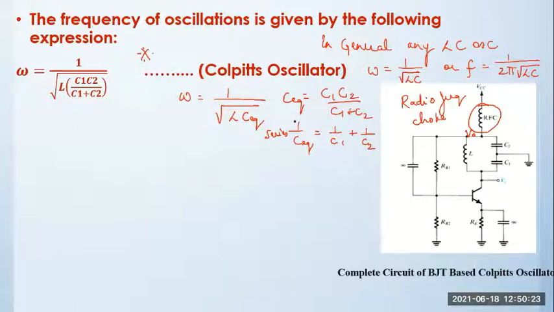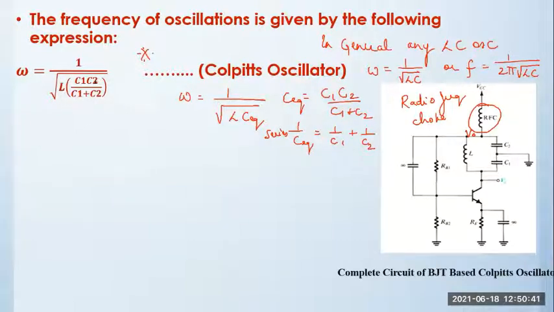For resistors in parallel, you have this rule. For capacitors in series, you have this as the equivalent capacitance. So I am considering that value. I'll get omega as 1 by root L into C1 C2 by C1 plus C2.